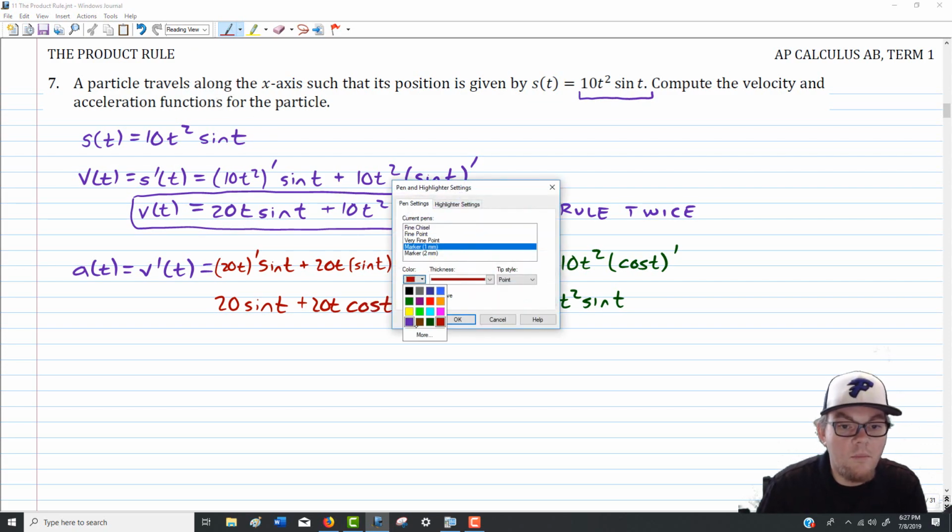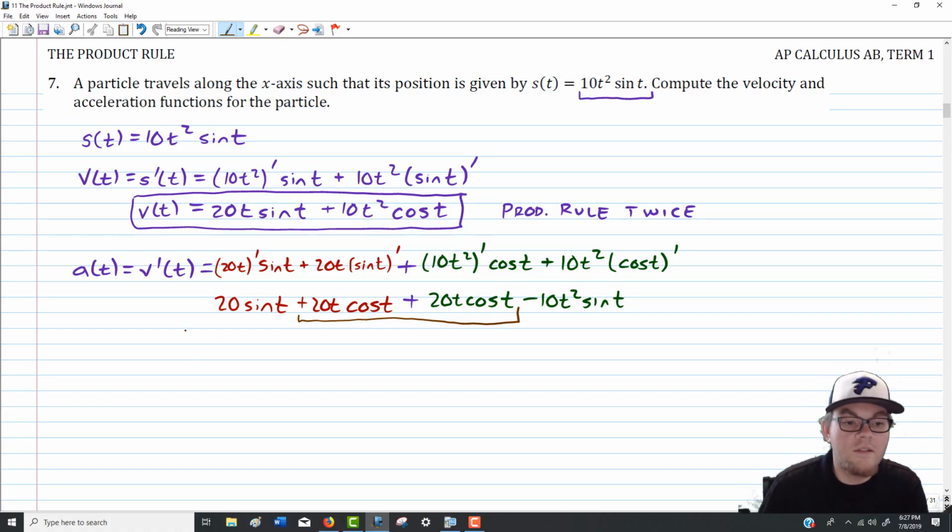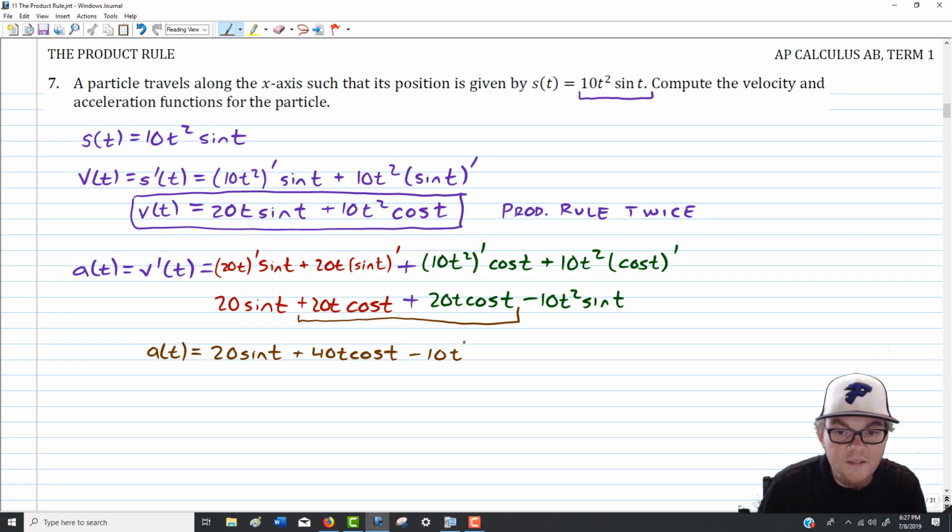And with that done, we can now bring in the brown that combines the red and the green. Looking in here, are there any like terms? Yeah, there actually is. I see a 20t cosine t and a 20t cosine of t. To wrap this up, we want to combine like terms. So I'm going to see the acceleration as 20 sine of t plus 40t cosine of t minus 10t squared sine of t.